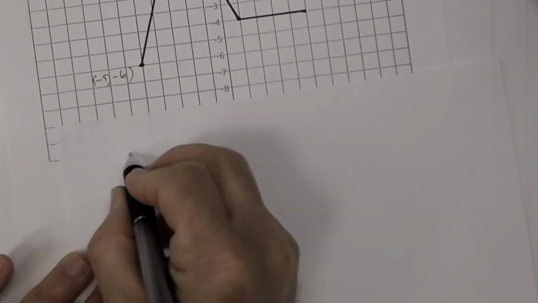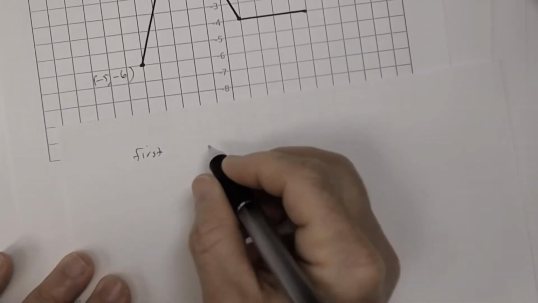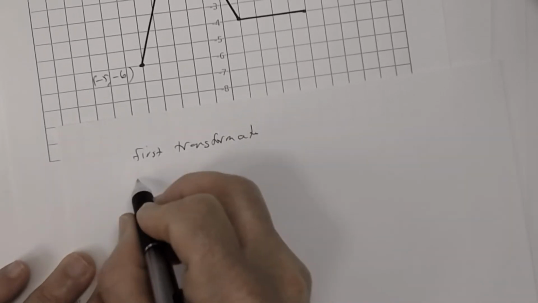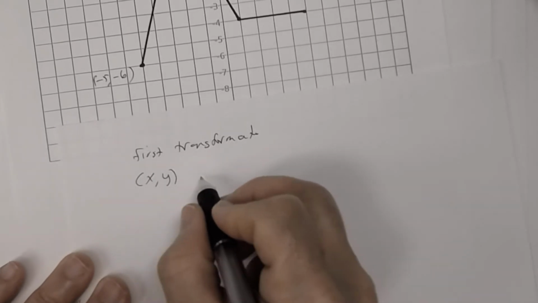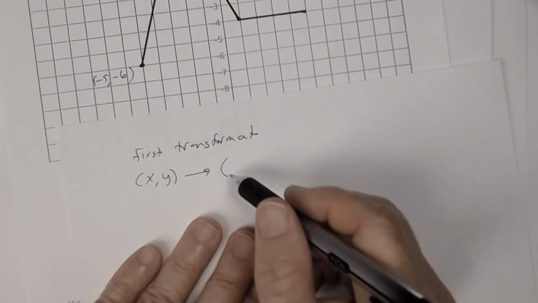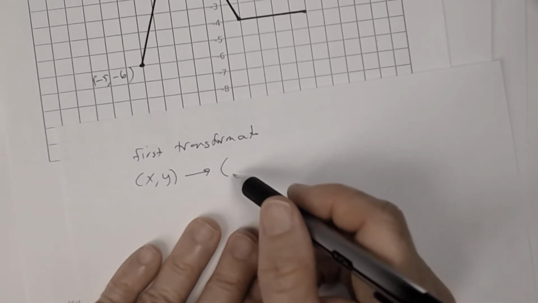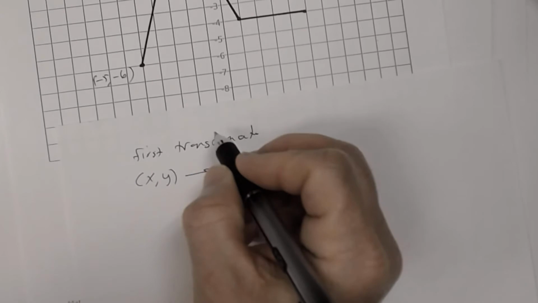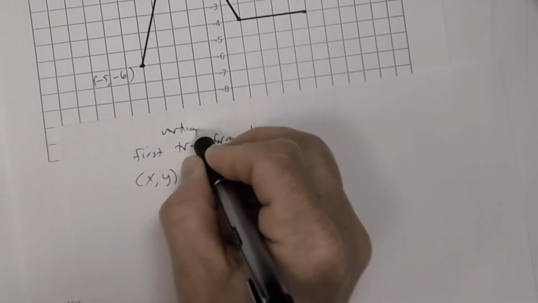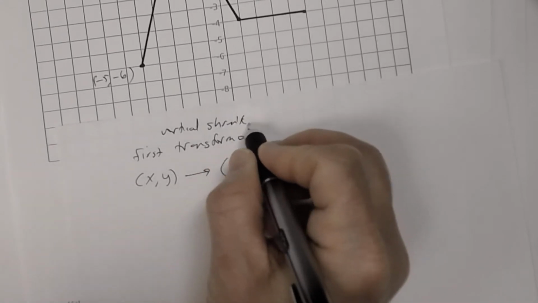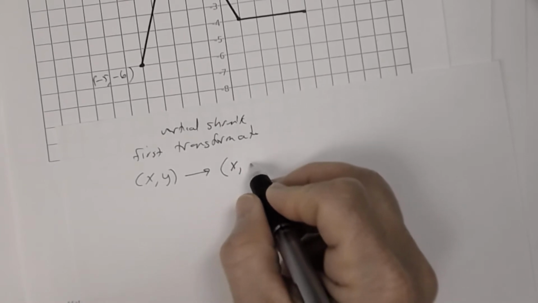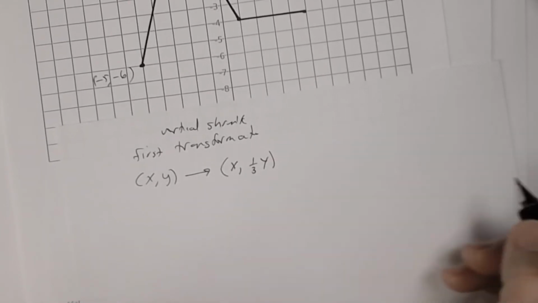Our first transformation is to take each point and multiply by a factor of 1/3, meaning the y-coordinate, because this is a vertical shrink. So the first transformation is a vertical shrink or vertical compression. The x-coordinate stays the same and the y-coordinate I multiply by a third. So that's what that is.